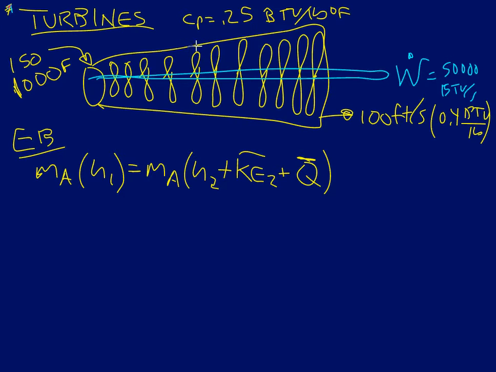So suppose it's not very well insulated in some part of the turbine, and you have a heat leak. Draw that as red. Usually heat leaks out of a turbine because they'll be operating at elevated temperatures. So suppose we had some sort of heat leak, Q bar, and for every pound that goes through there we lose 10 BTUs, so we'll make Q bar equal to 10 BTUs per pound.